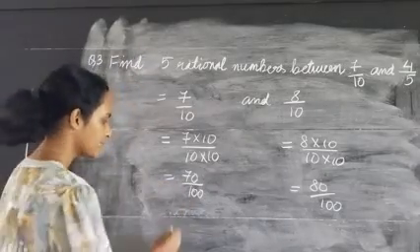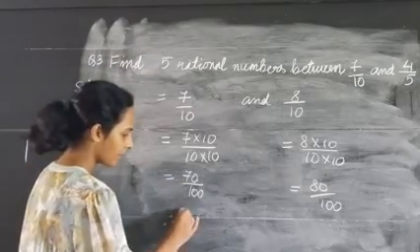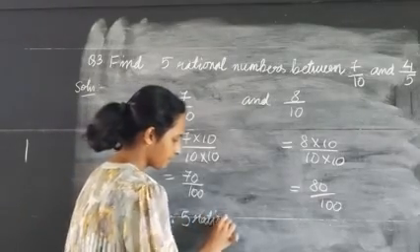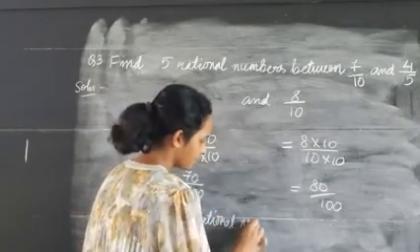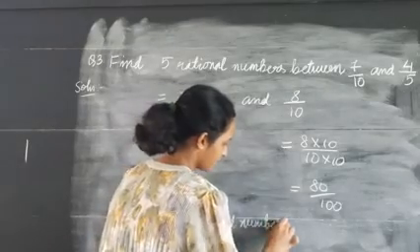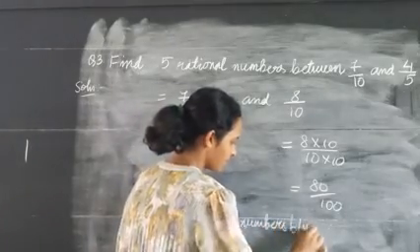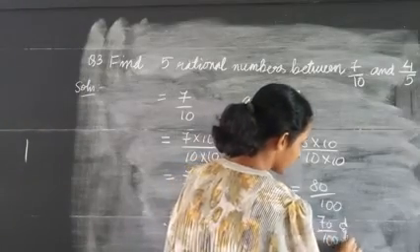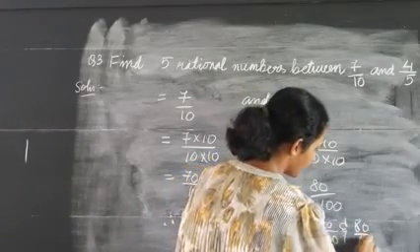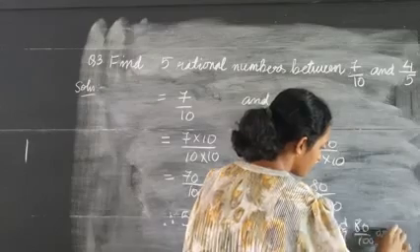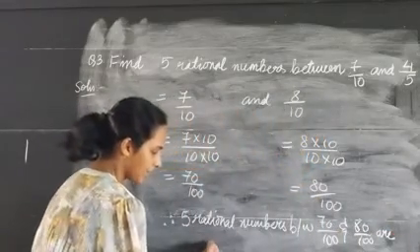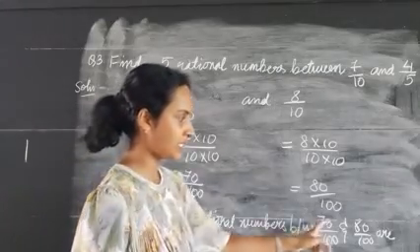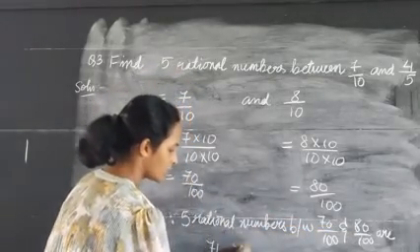How? Same step. Therefore, 5 rational numbers between 70 by 100 and 80 by 100 are 71 by 100, can I take? Yes. 71 is in between 70 and 80, right? 72 by 100?